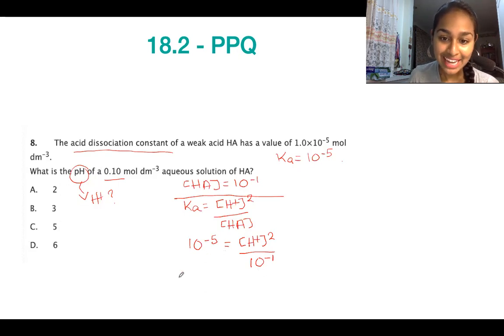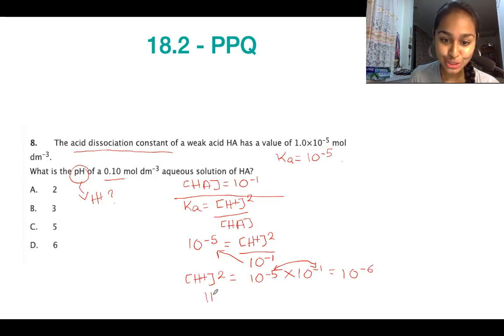All right, so now let's try to solve for this. So simplifying this equation, I know that H plus squared means that I'm going to multiply these two together. So 10 to the minus 5 times 10 to the minus 1. When we multiply them, we can add together the powers. And so that's going to be 10 to the minus 6.